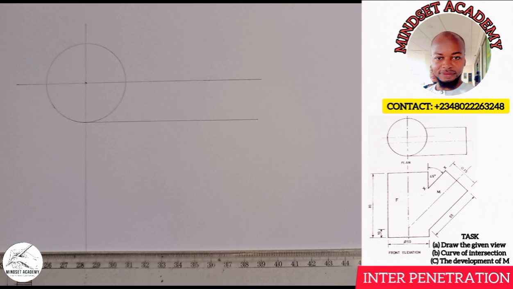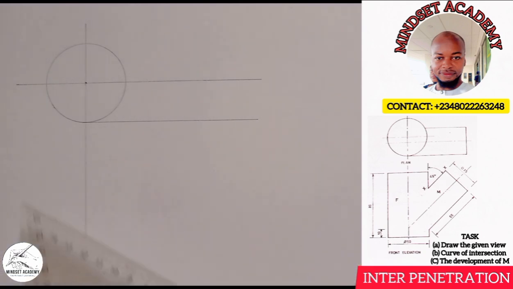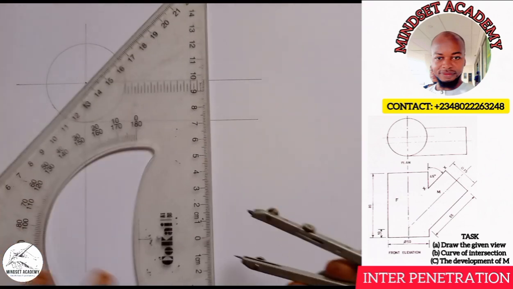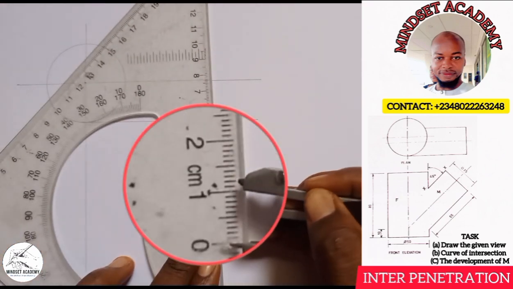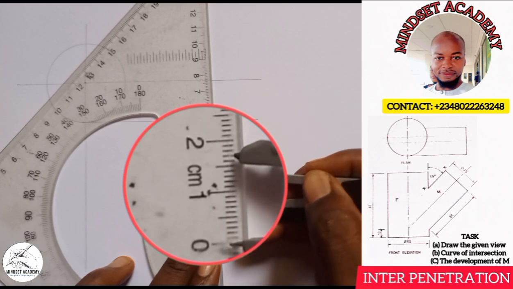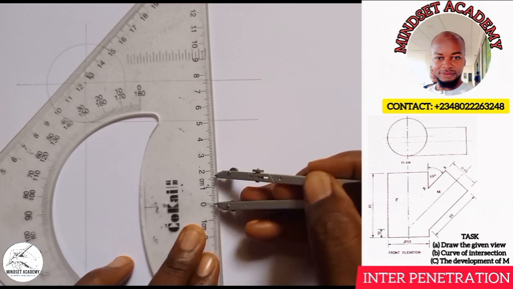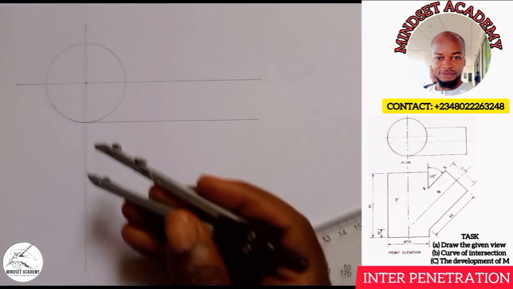Are you with me? So I'm going to measure half of 35 this way on my meter rule, from 0 to 17.5, somewhere around here. Can you see that? And I will place it at this end here.